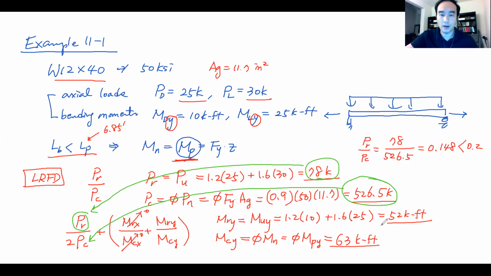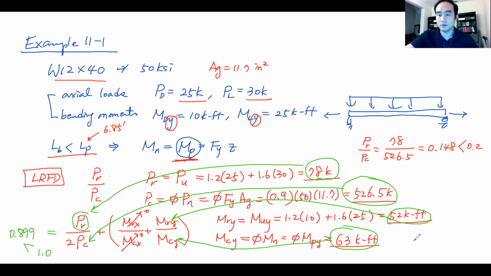And MRY is going to be 52. And then 63. Just calculate all those numbers together. Then I got 0.899, which is less than 1.0.